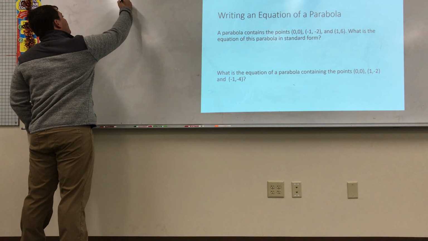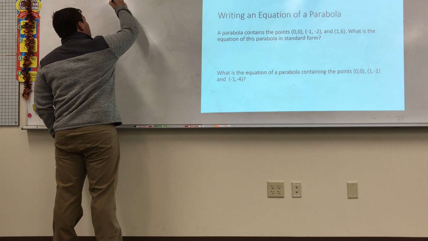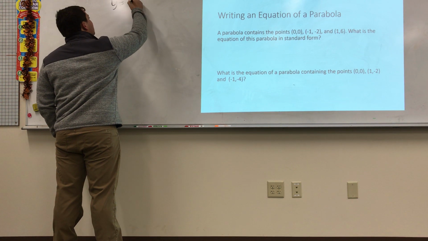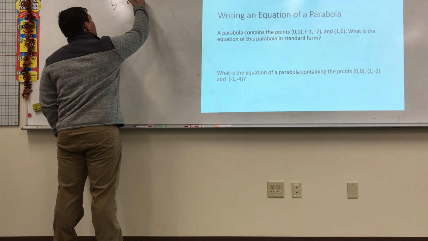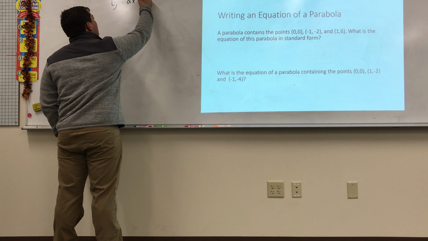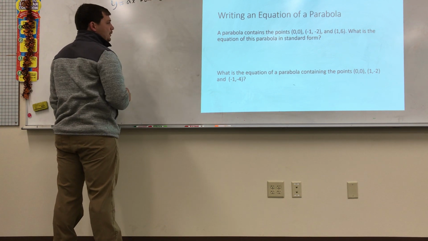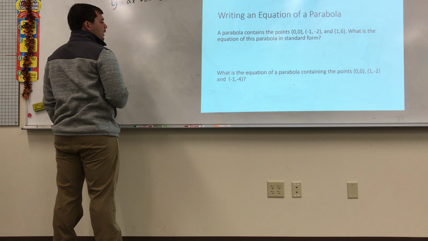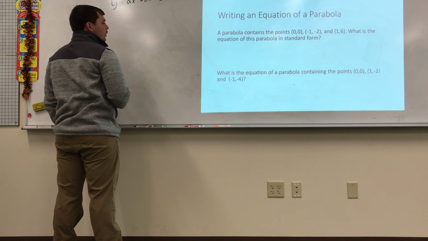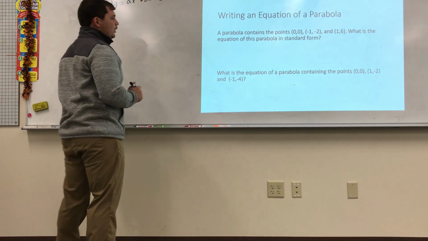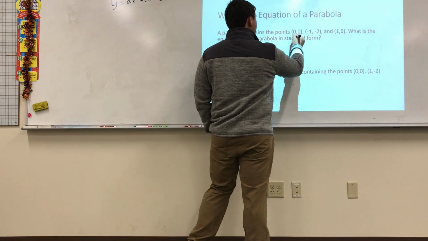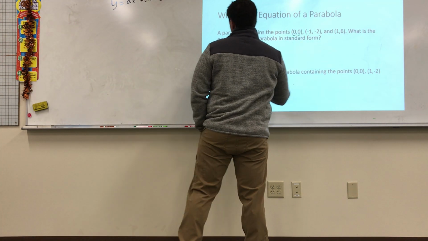Our equation for a parabola is y equals ax squared plus bx plus c. We're given these points: (0, 0), (-1, -2), and (1, 6). So this is my x value, and this is my y value.